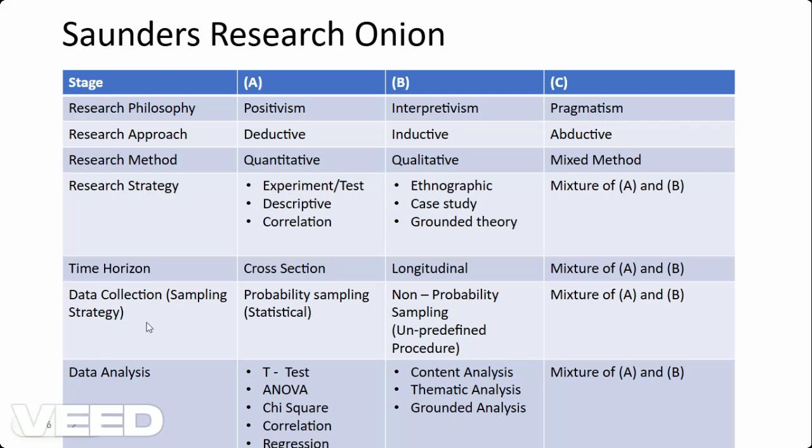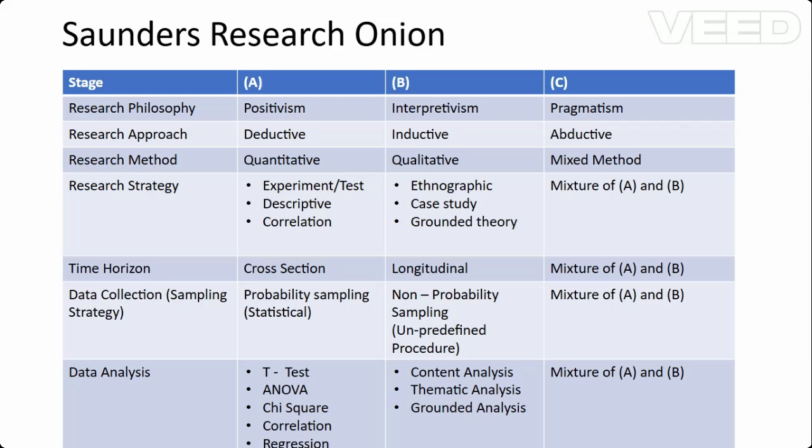Research strategy, of course, your sampling strategy, usually data collection. Here we are discussing your sampling strategy when we talk of data collection. It definitely has something to do with positivism, with a research approach which is deductive, with a research method which is quantitative, with a research strategy which is experimental, descriptive, or correlation.